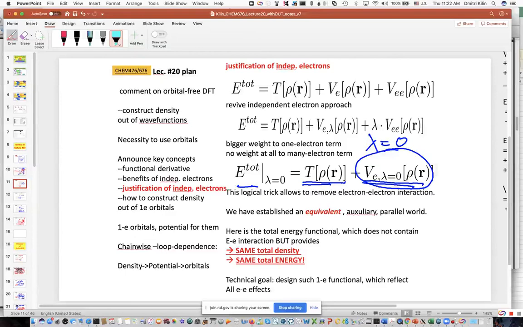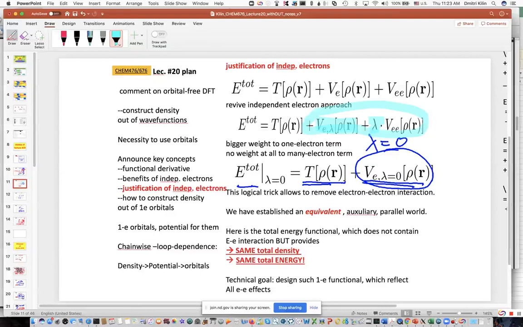We assume that there is a mathematical procedure that allows us to continuously change the strength of electron-electron interaction from 1 to 0, and at the same time one modifies the energy contribution from external potential, from interaction with nucleus, in such a way that the summation of these two will stay the same.